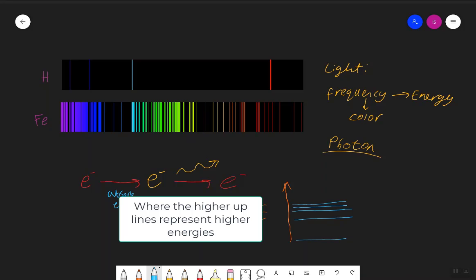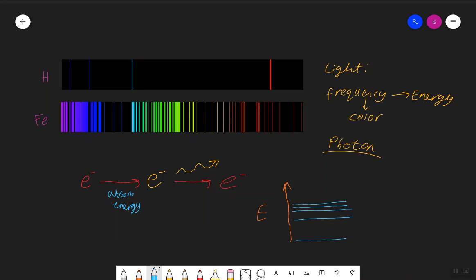So a bunch of different energy levels. These are the only allowed energies that the electron can have, and they'll go on, but we'll keep it simple. Well, then there are certain energies that light can have as it transitions. You can have these energies of light, the amount of energy that is emitted when you go from this level to this level, here to here, here to here, here to here.